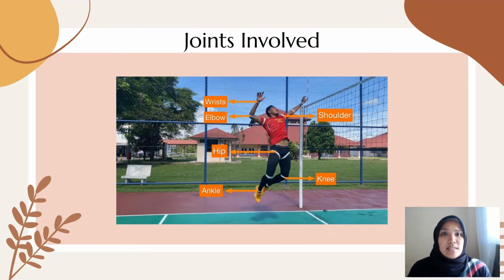Multi-axial movement is highly advantageous in activities such as the volleyball spike. The movements it creates are flexion, extension, adduction, and rotation.